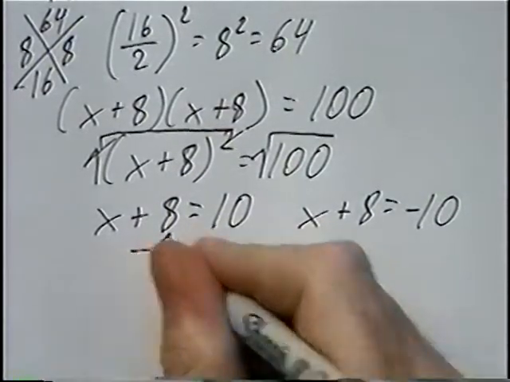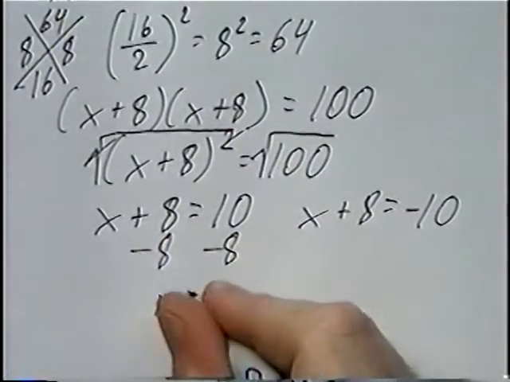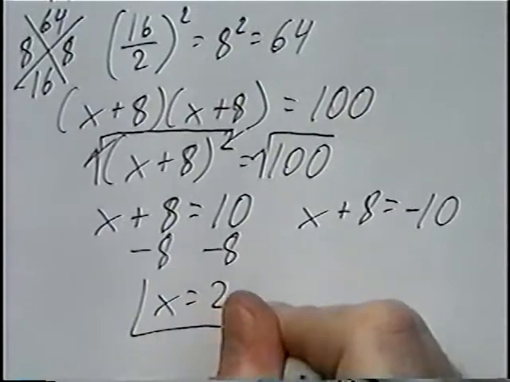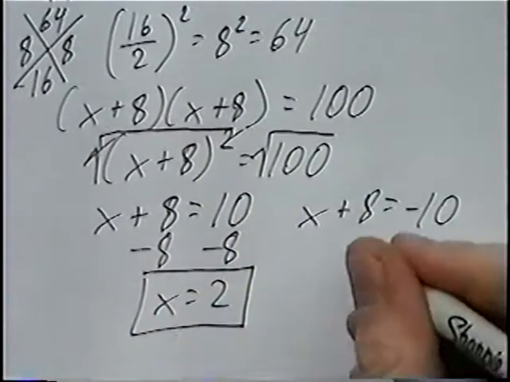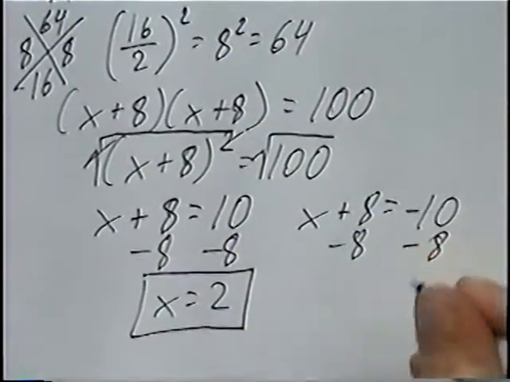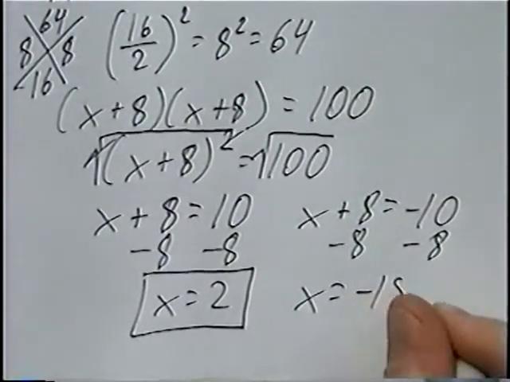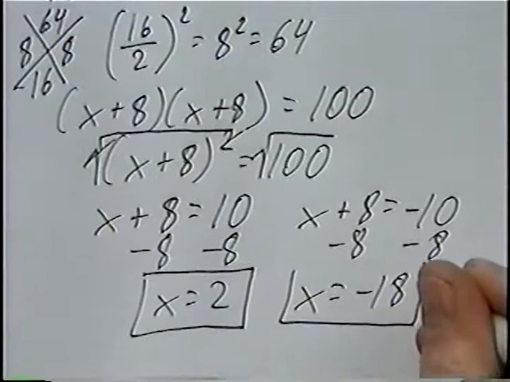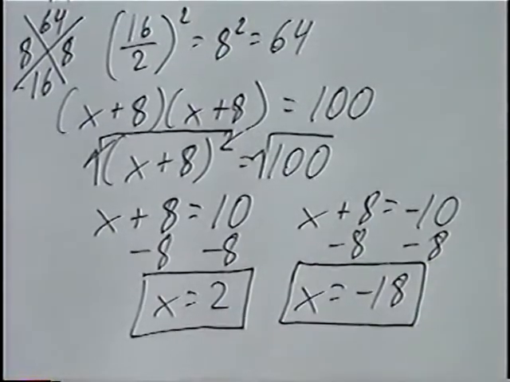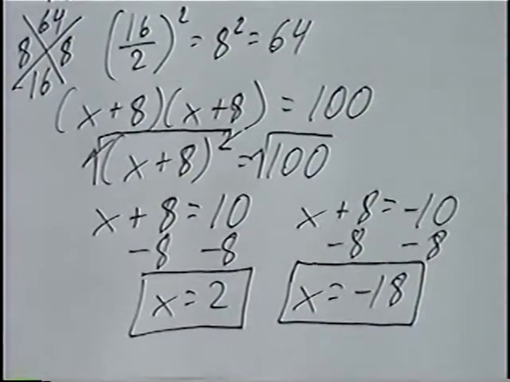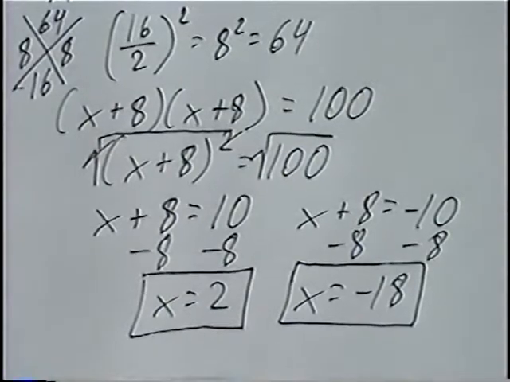Solving from here, we subtract 8 on both sides, so our first answer is x equals 2, and the second, subtracting 8 on both sides, x equals -18. So the two values for the original equation are x equals 2 and x equals -18.